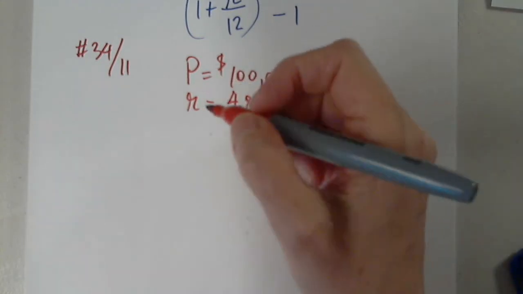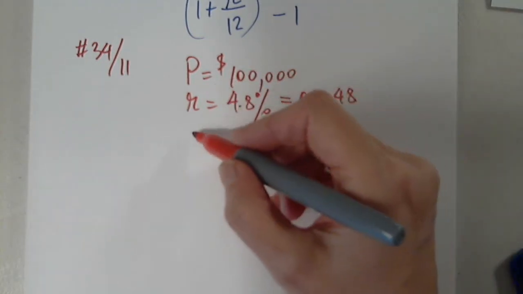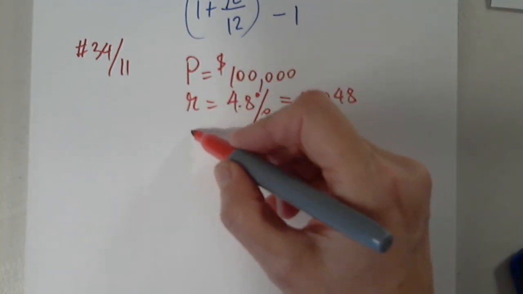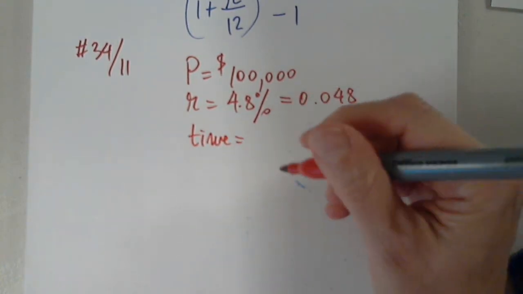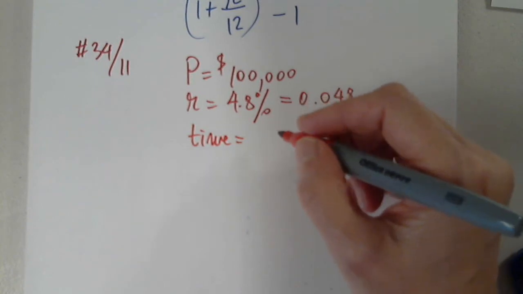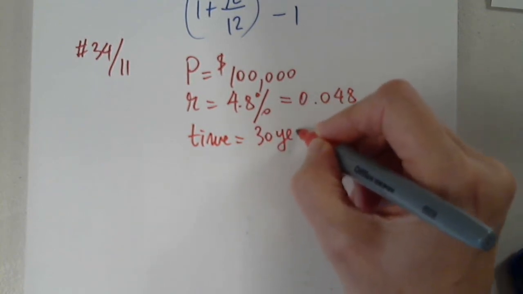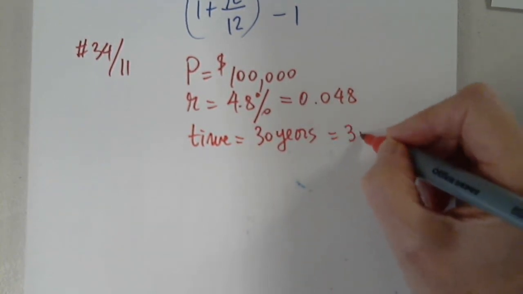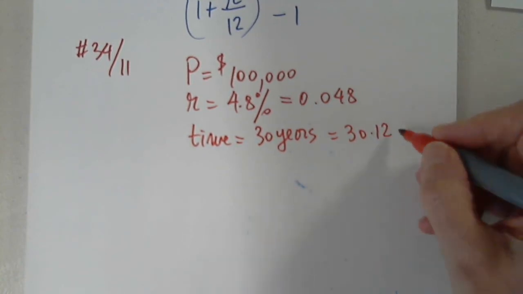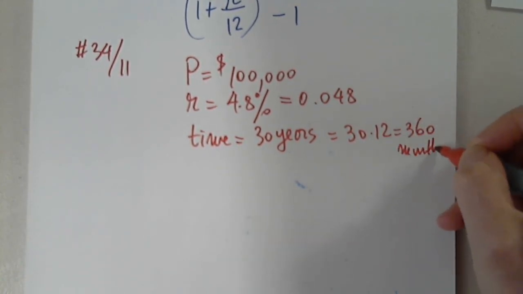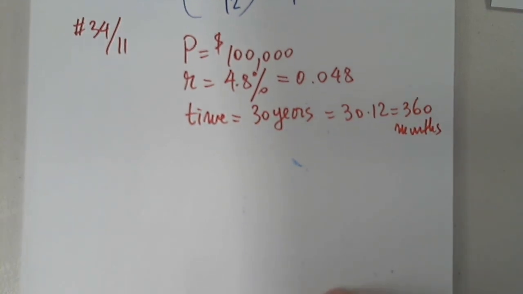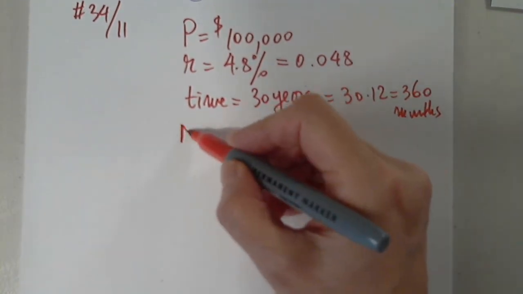Everything okay? So for a loan period, so for the term of the loan of 30 years, which is 30 multiplied by 12, which is 360 months. What is the monthly payment?